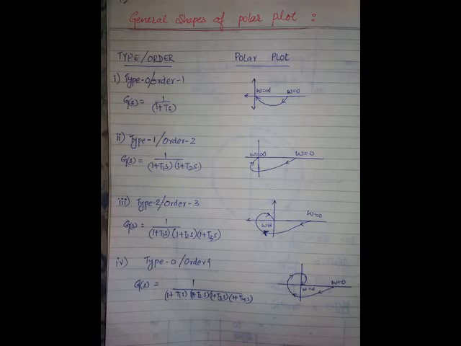Type 0, order 2, with T1s, T2s, starting omega 0, ending omega infinity.